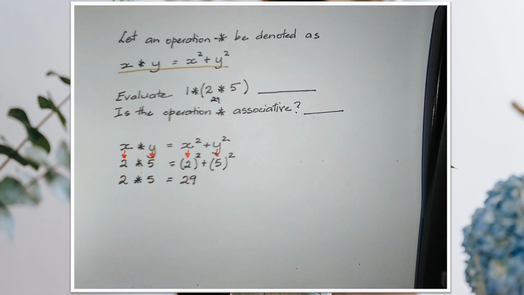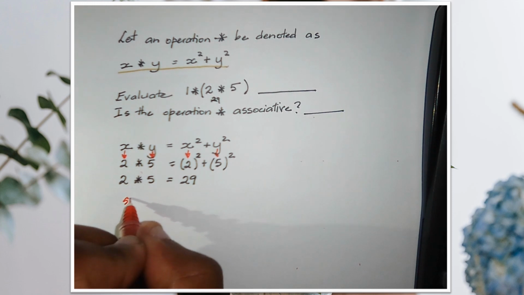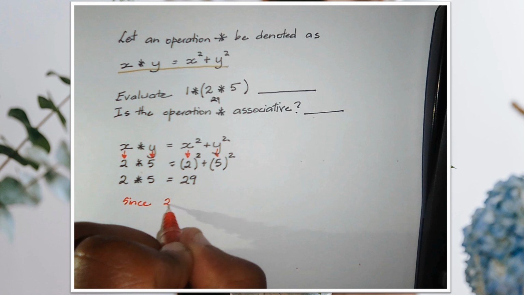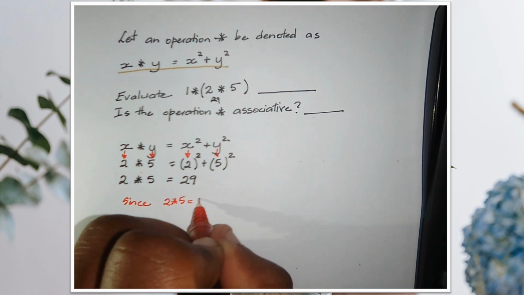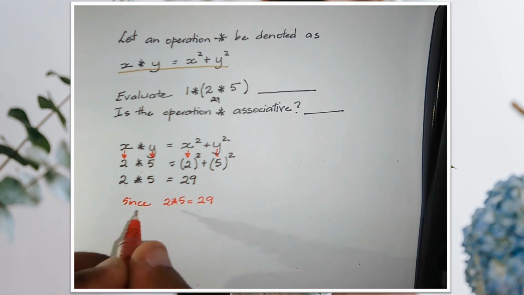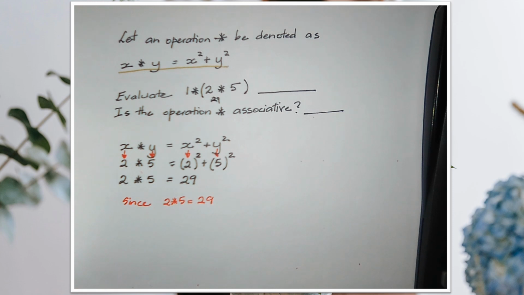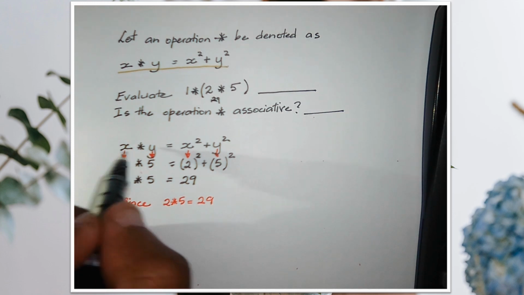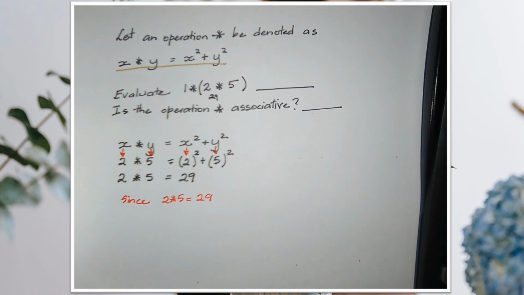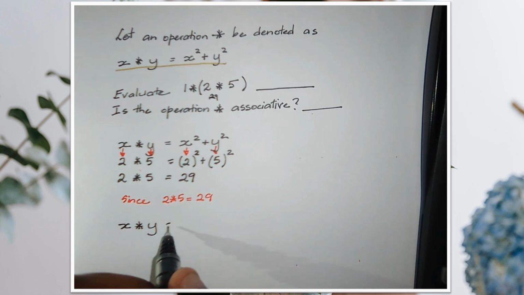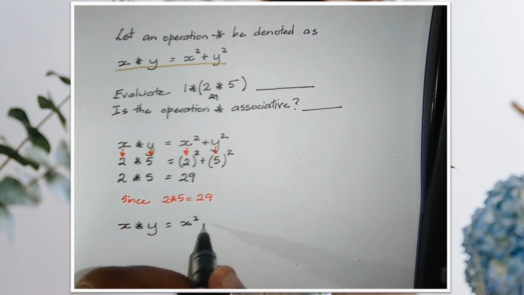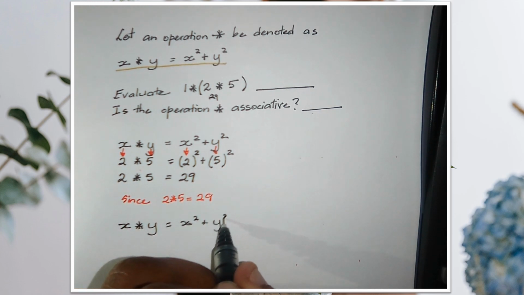So we're going to say since 2 star 5 equals 29, we're just going to substitute that and use 29 instead of 2 star 5. So we're going to start back with the original binary operation. x star y is equal to x squared plus y squared.